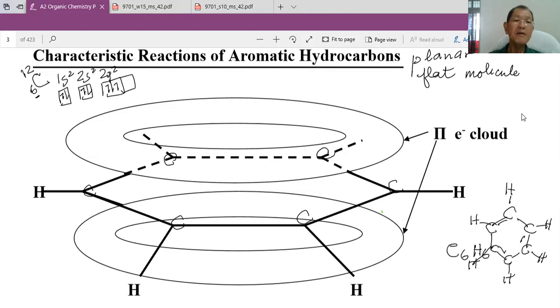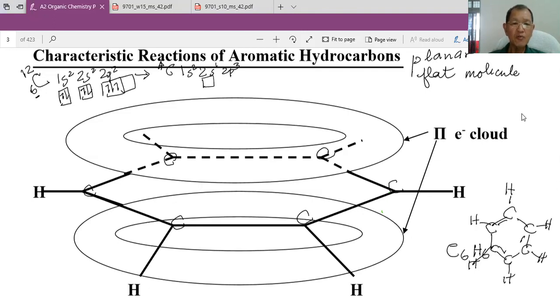But carbon, you've done this before, right? As carbon bonds with substances, it goes to an excited state, which is 1s2, 2s1, 2p3.